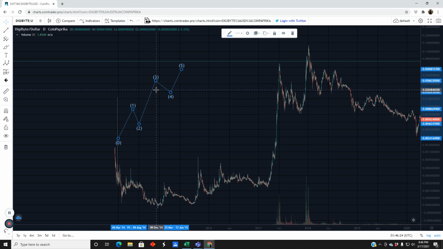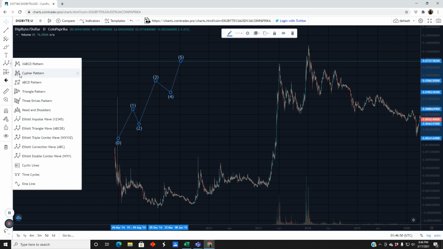December 2014 all the way to March. And then this one was simple, June all the way to July, August. Two months versus four months or so. So there's a complex one and a simple pullback. Then you have the fifth wave blow off top, wherever that goes.